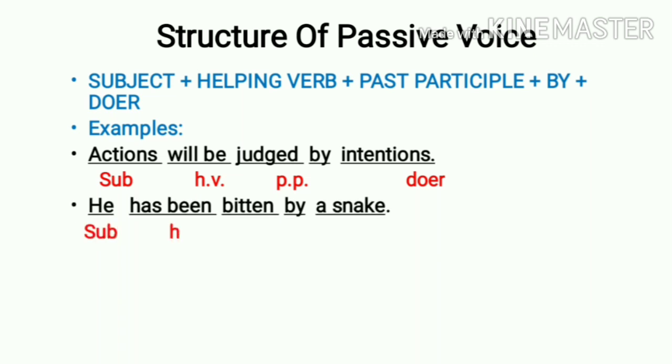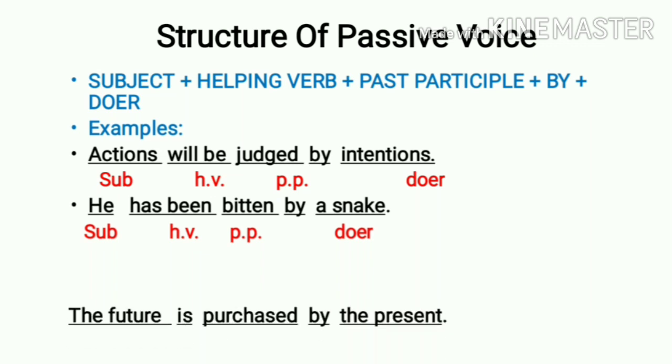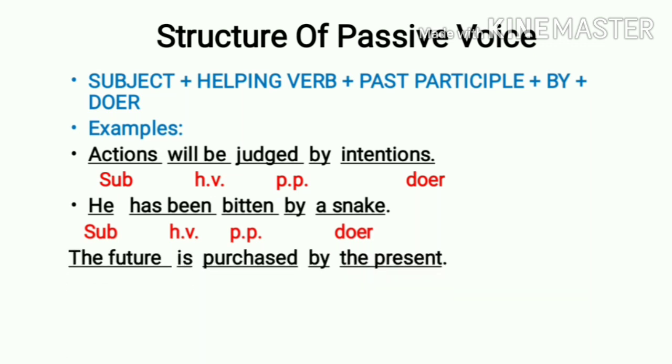So let us see. He is a subject. Has been is helping verb. Bitten, that is past participle, by a snake, that is doer. Doer means कृती करणारा. Next, the future is purchased by the present. The future is subject. Is, that is helping verb. Purchased, that is past participle. The present is doer.